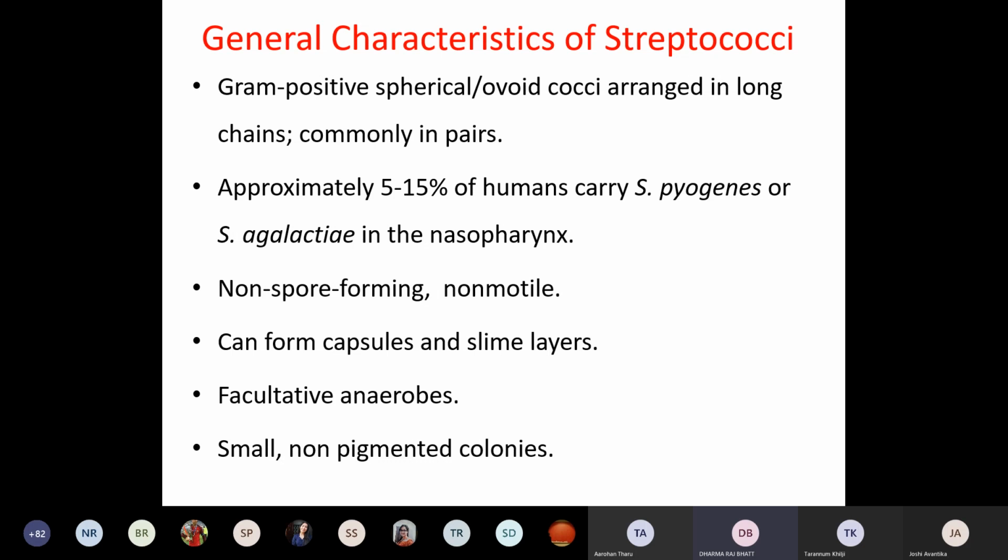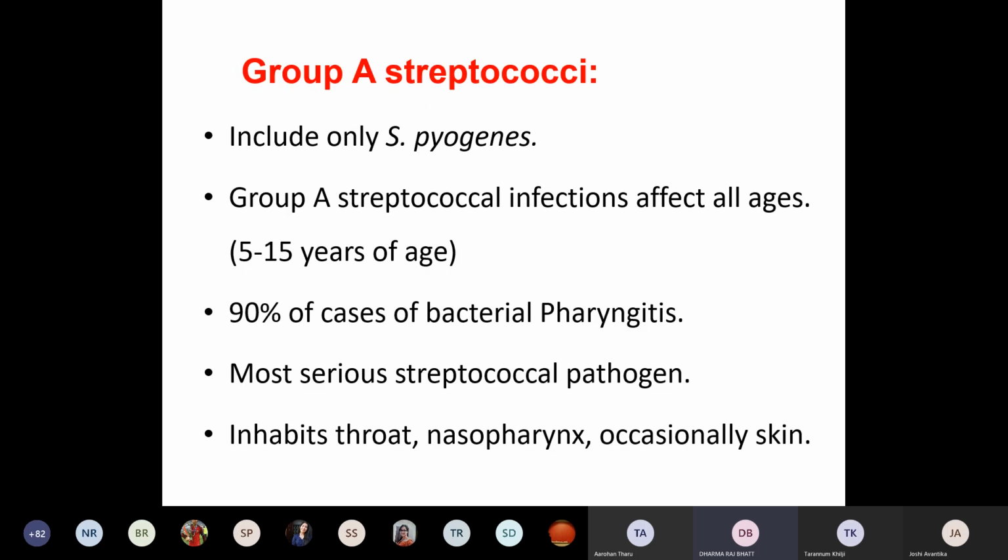Regarding oxygen requirement, they are facultative anaerobes and produce small non-pigmented colonies on blood agar. Streptococcus pyogenes and agalactiae do not grow on simple media. They require enriched media in the form of blood agar.